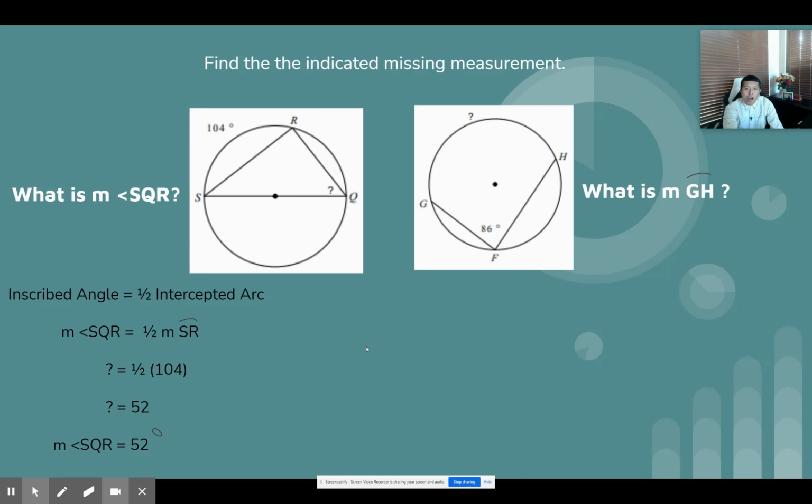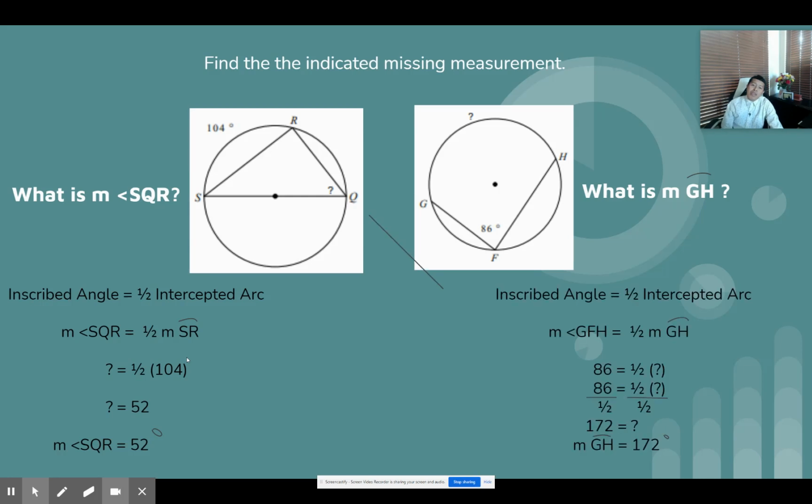Okay? Last example. What is the measure of arc GH? Arc GH is the intercepted arc of the inscribed angle GFH, measuring 86 degrees. So we'll do the reverse of the first example on the left side. We will double, right?